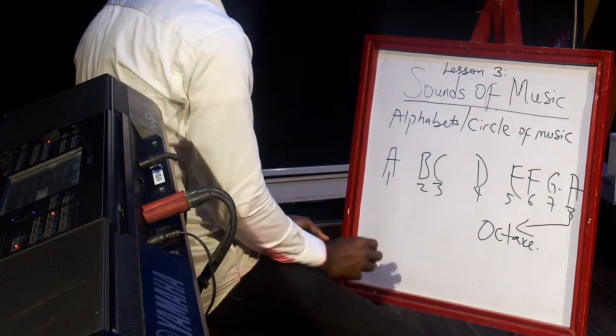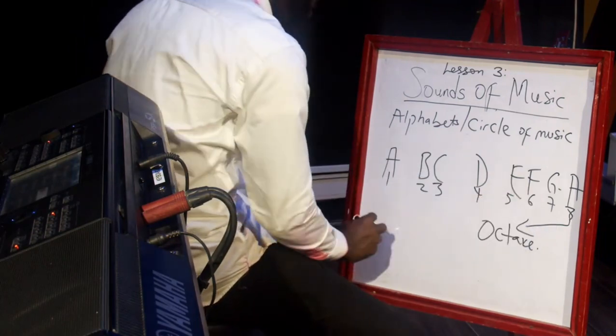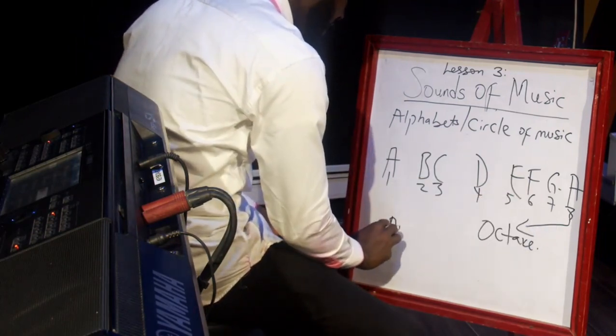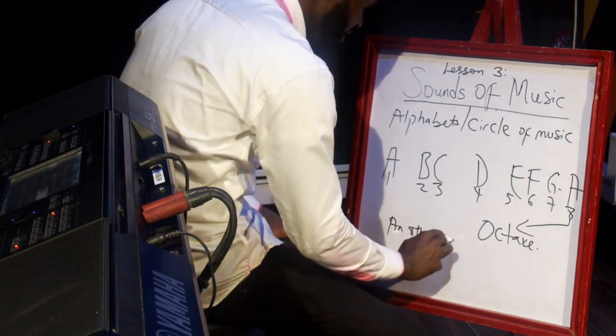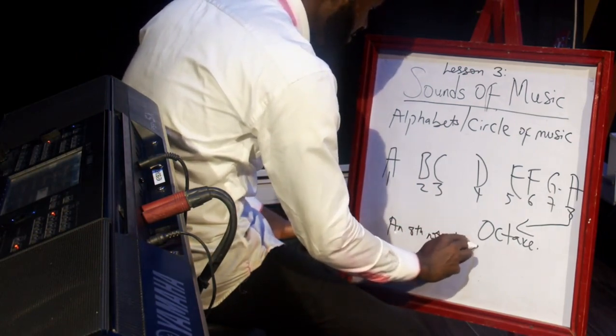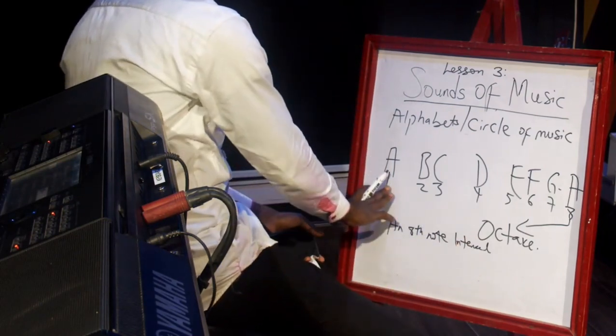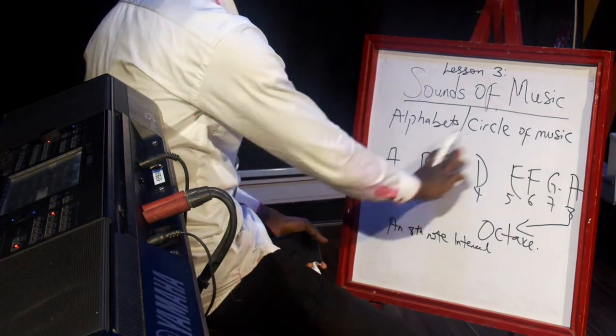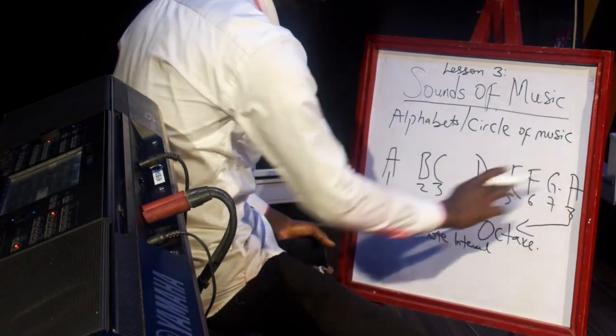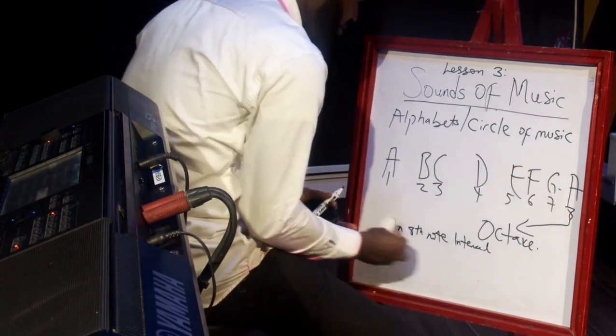So what is an octave? An octave is an 8-note interval, meaning every note has the capacity to reproduce itself after every 8 steps. Let's look at that.